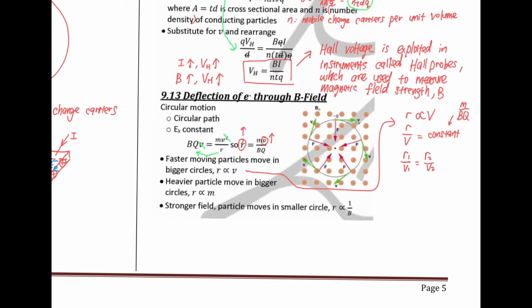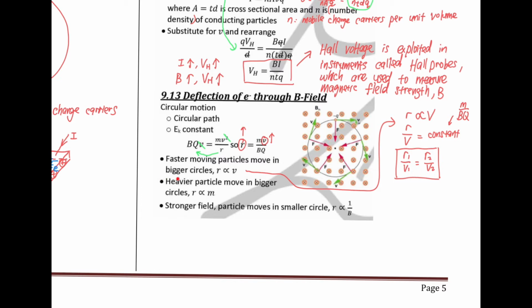This formula is sometimes useful to find out the velocity easily. If the radius is a greater value, then you should expect the velocity to be a greater value also. You can use this formula to find out.